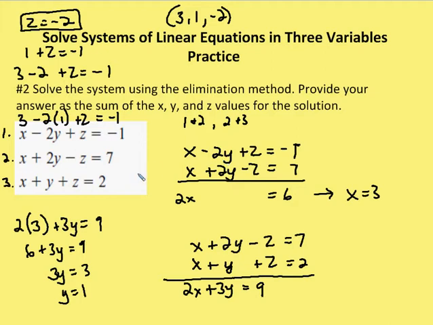We found out that y is equal to 1. Then we used x and y values in either one of these three equations, but we used equation number 1, and we solved for the remaining variable, which is z. Then once we had our ordered triple, we went back and tested that ordered triple in each of the three equations to determine if it held true, and it did. So this particular ordered triple is a solution of this particular system.